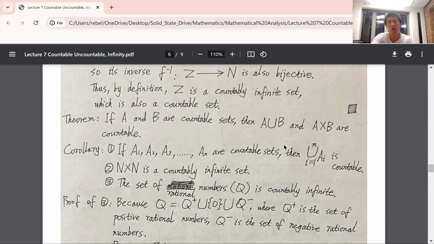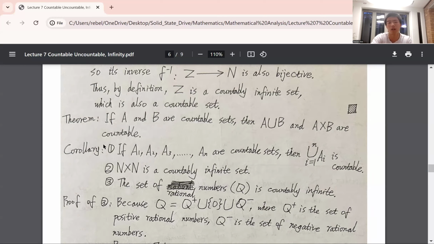But an easy idea to think about is, if A and B are countable, then the union, if they're pairwise disjoint, is adding them together. And adding them together is just like adding the negative and positive sides of the natural numbers, which is the integers, right?